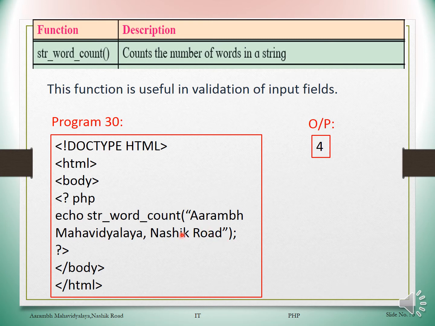Now we have to display the total word count within this string. Total words are first, second, third and fourth. That means 4 words are provided in the given string. Therefore our output will be 4. It's a simple one.